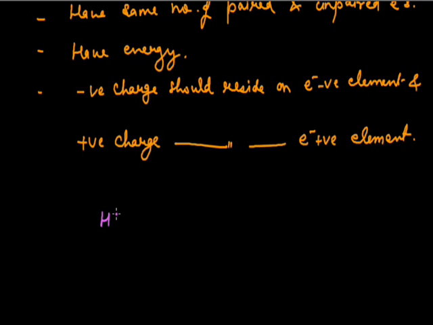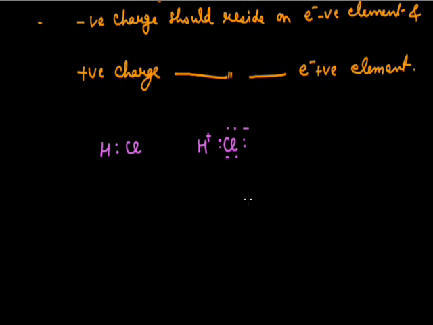In HCl, a single covalent bond is made by sharing of two electrons. This can be represented by the Lewis structure as follows, where hydrogen being electropositive holds the positive charge and chlorine being electronegative holds the negative charge.